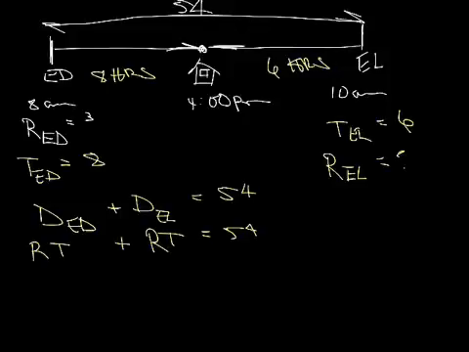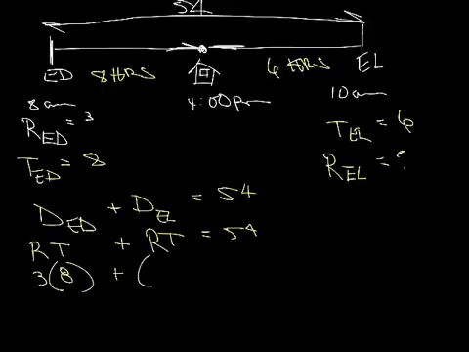All right, so let's plug in what we know. I know that the rate of Ed was 3, and Ed's time was 8.